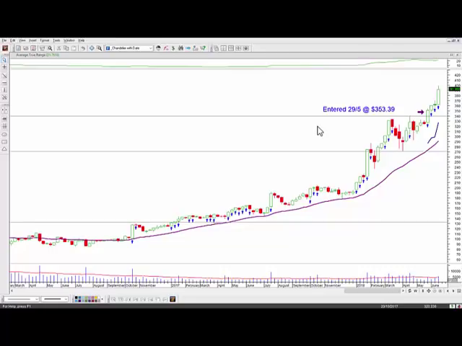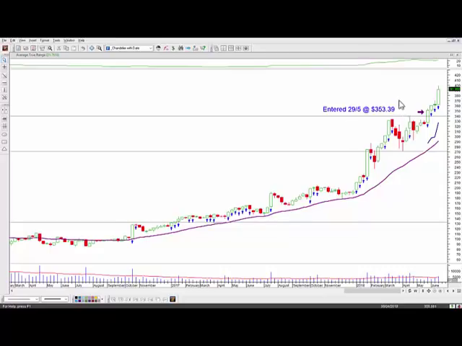Now, under $50 in the US market, 25% of the S&P 500 is under $50. The Australian market, 96% of the ASX 300 is under $50. So Australia is a very low price market in regards to price points compared to the US. So it's common to see US shares a couple of $100, even over $1,000.